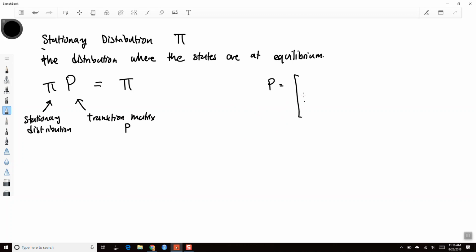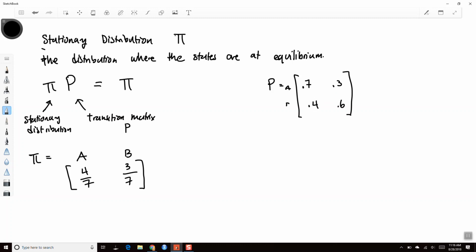And so, here is our transition matrix P. Our P is equal to 0.7, 0.3, 0.4, 0.6. Okay, and in our case, our stationary distribution will be 4/7 and 3/7. It basically just comes down to balancing out A to B and B to A. Okay, so if this was A and B, it's A to B and B to A. We have 0.3 and 0.4, and if we normalize those to be 1, we would end up getting 3/7 and 4/7.